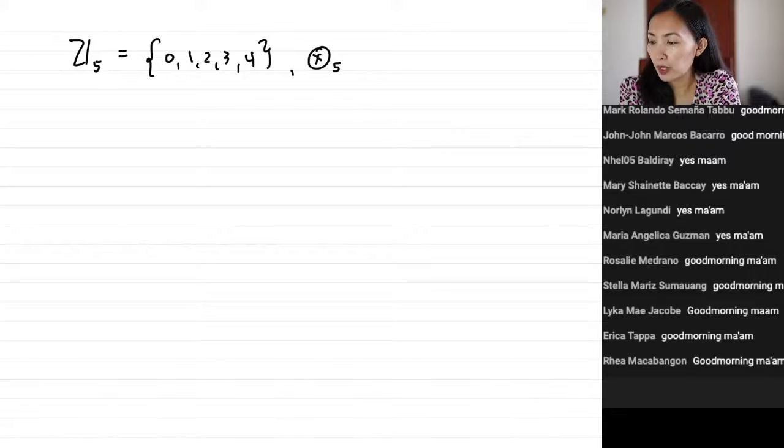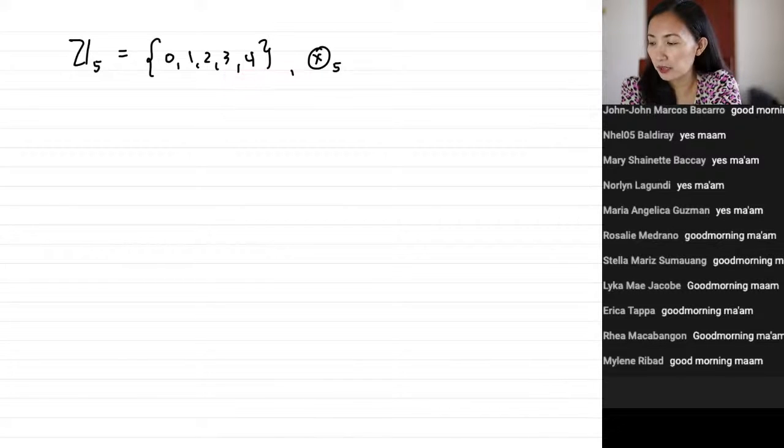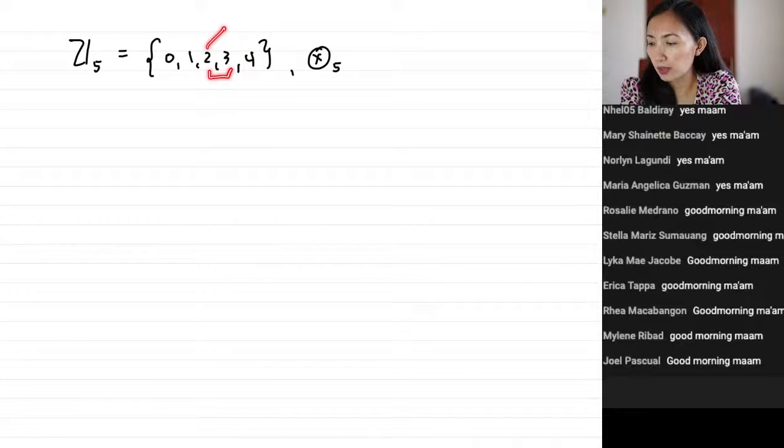When we take any 2 of these elements and multiply, the result is a member of the set. For example, 3 times 4 is 12, and 12 modulo 5 is 2. So it's there. 2 times 3 modulo 5 is 1. So it's there. Closure property is satisfied.